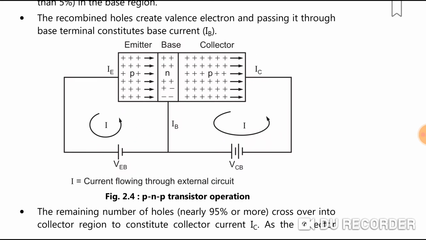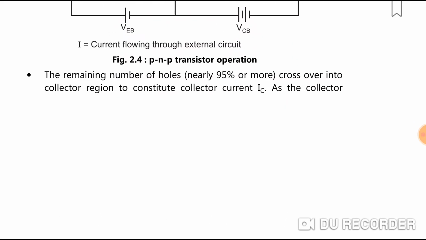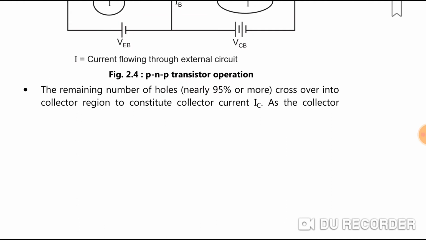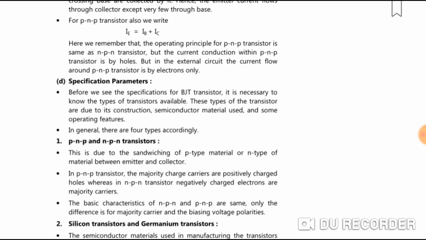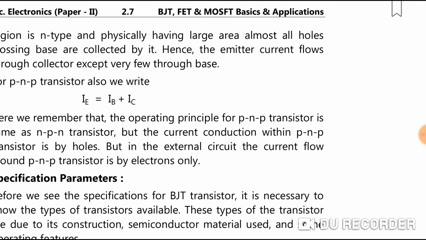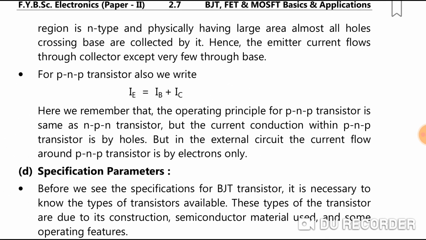So emitter, base, collector. The remaining holes, nearly 95% or more, cross over into the collector region to constitute the collector current IC. As the collector region is N-type and physically has a large area, almost all holes crossing the base are collected by it.